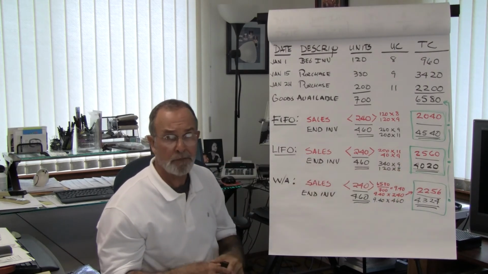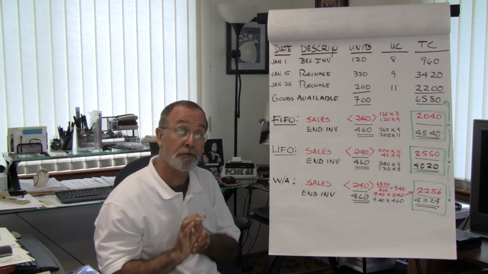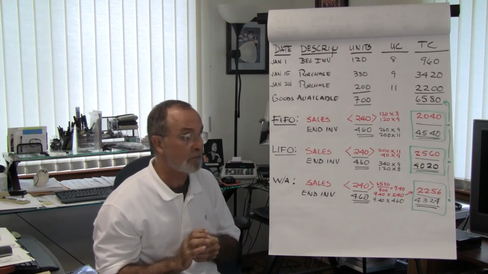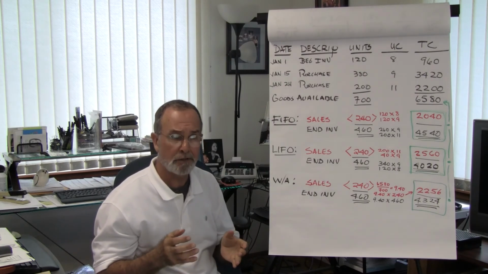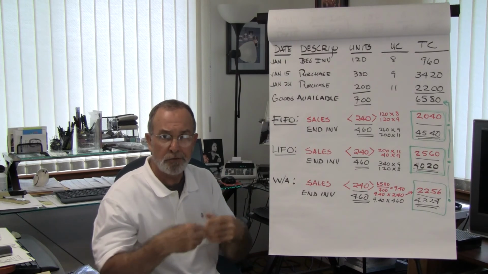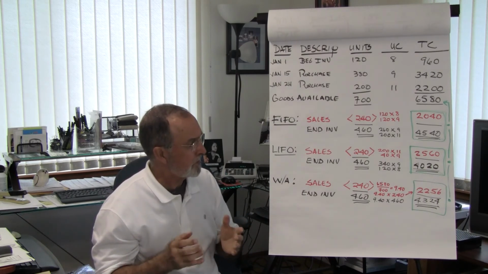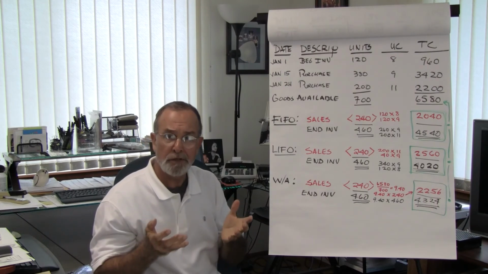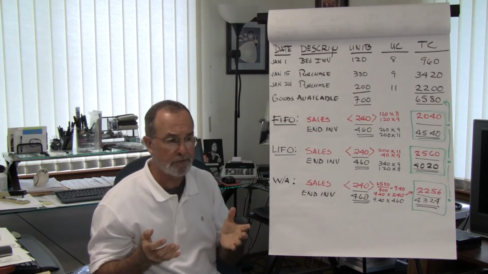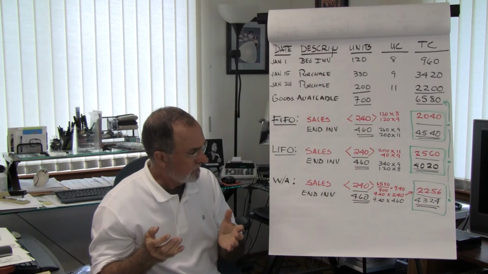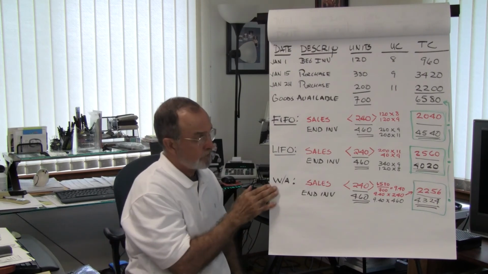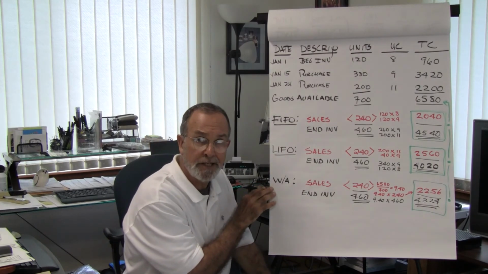But at the same time, your financial statements are going to reflect less net income. And so that might not be a good thing when you're trying to impress your banker with your financial statements. So again, a lot of companies maybe want to use a compromise position, and so would oftentimes use weighted average.